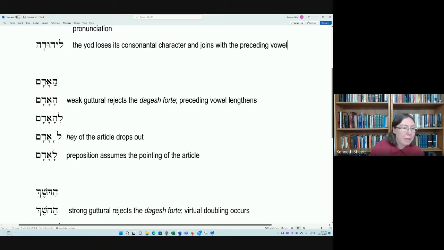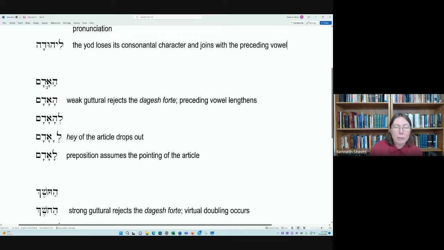ha'adam, so the human, and notice what has happened in this particular instance. You have the hey article, hey with the patach, followed by a dagesh forte. But the dagesh forte in this instance is inside of the guttural. So aleph, hey, cheth, ayin. But the problem with that is our gutturals cannot be doubled because of the fact that they are pronounced in the back of the throat.